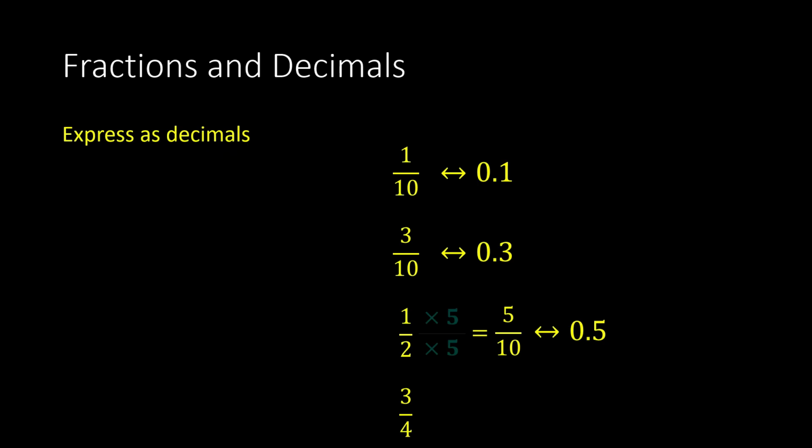So you can therefore see that 5 over 10 is the same as 0.5. And for 3 over 4, if we multiply top and bottom by 25, we obtain 75 over 100. So you'll be able to see that 75 over 100 is the same as 0.75.